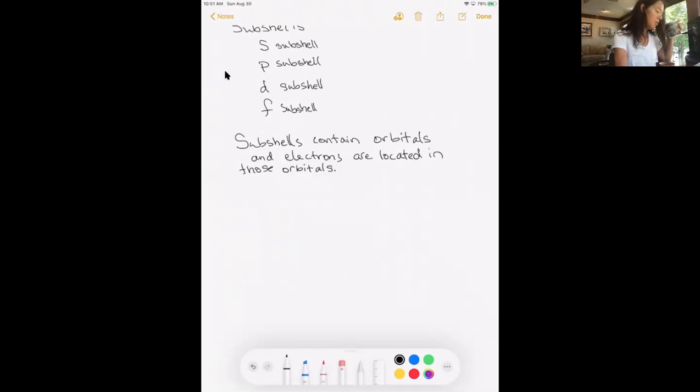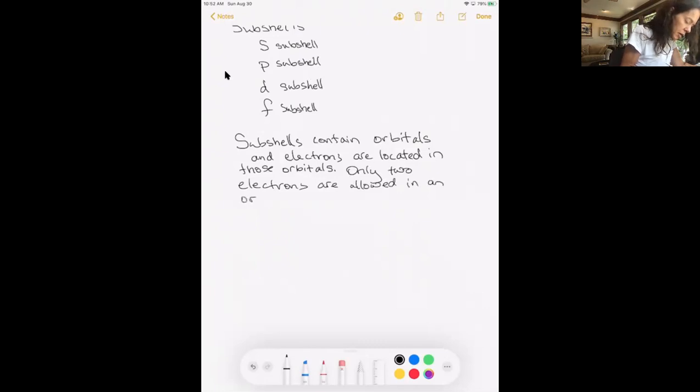That's why I'm being very particular. Okay. Only 2 electrons are allowed in an orbital, right? It's like a bedroom, and only 2 electrons are allowed to stay there.